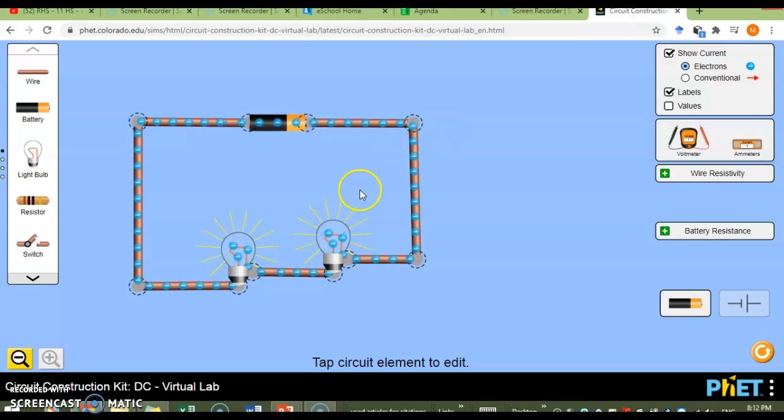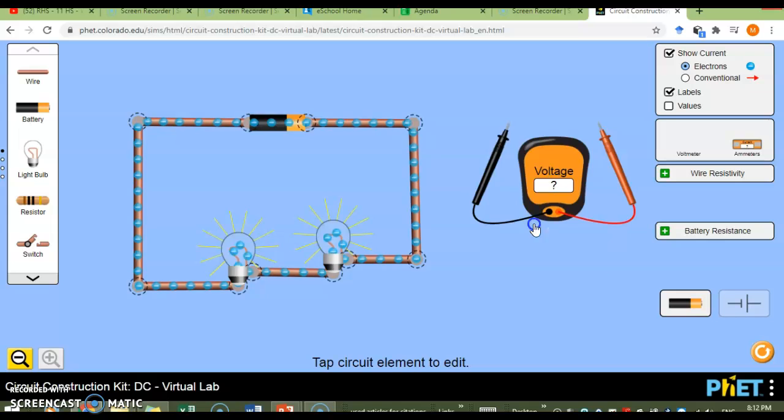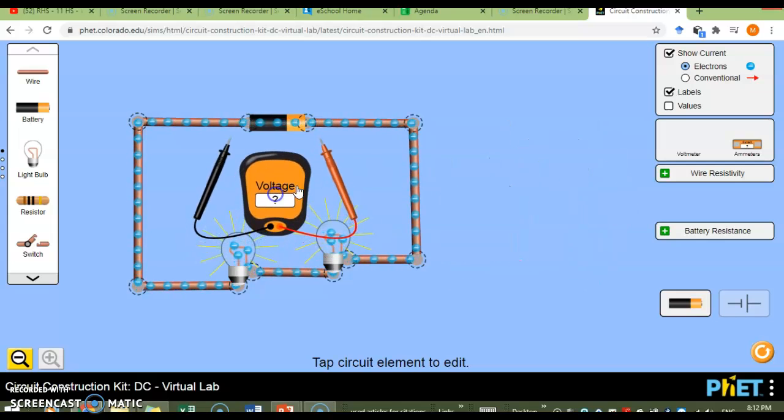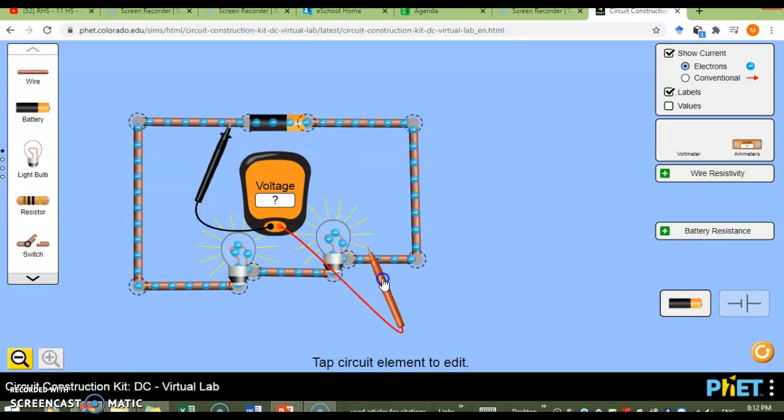As you can see, this is a circuit composed of a battery and two lamps connected in series. So I'm going to measure the voltage across the battery. The voltmeter should be connected in parallel across the battery. It indicates, as you can see, 9 volts. So U battery is 9 volts.